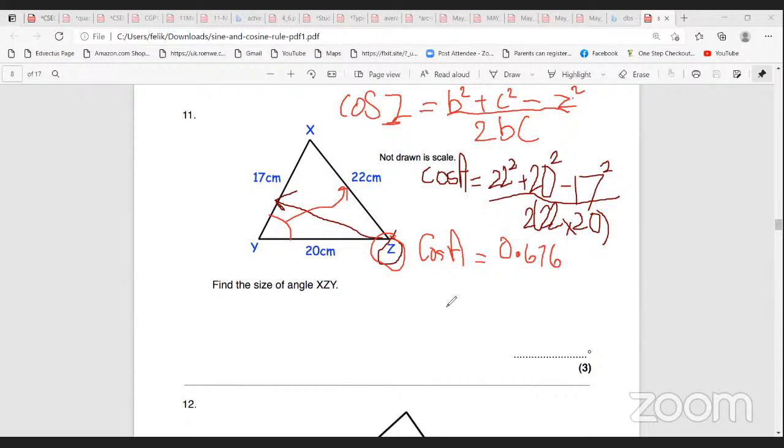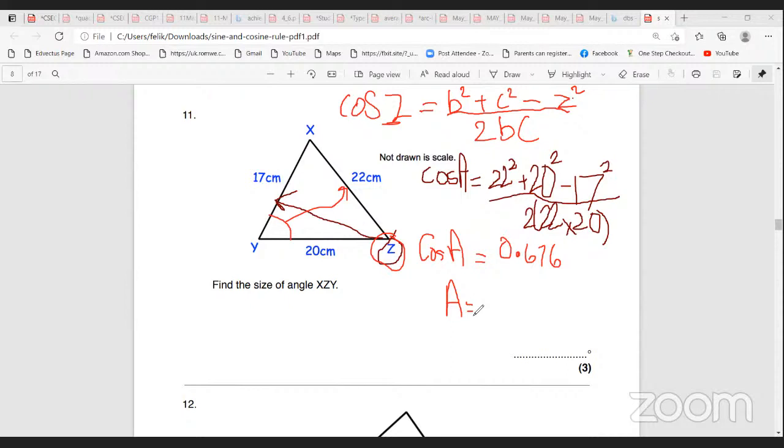All right. Now we need to find the value of A. So we're going to have A equal, what is A equal to? It's 0.676. So tell me how I work out A. So I have cos A equals 0.676.